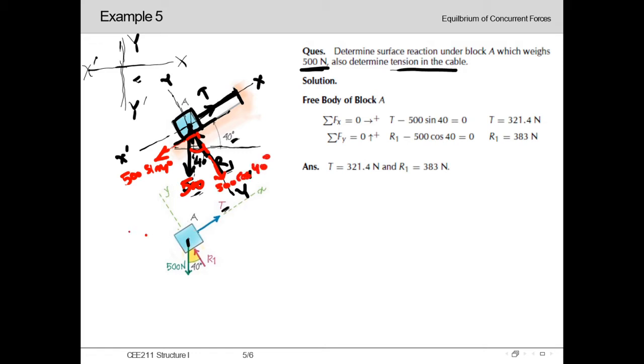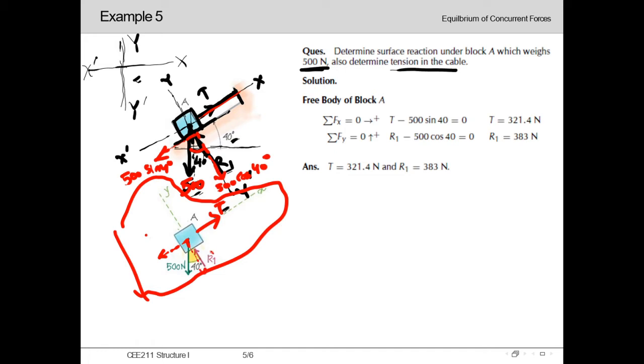So in total, this is our free body diagram. We can see here that the tension is acting over here for this tension cable. The 500 Newton load is acting downward as the self weight, and this 500 Newton load has two components as well. One is in x direction and one is in y direction.